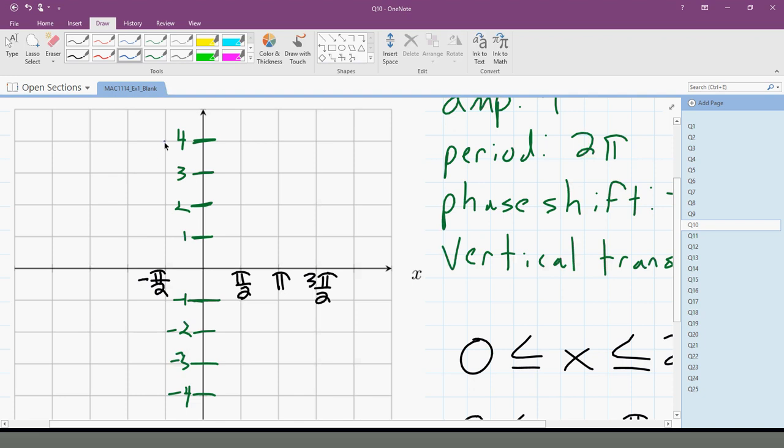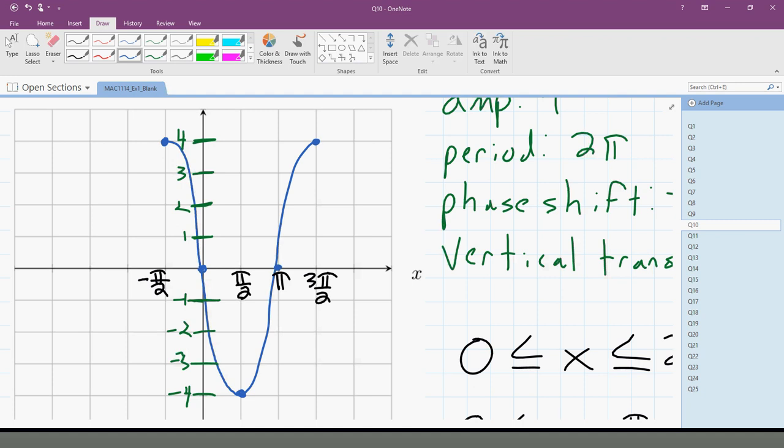So our graph starts up here at 4. Then where does it go? Then it goes to 0. Then where does it go? Down to the negative 4. Then where? Back at the x-axis. Perfect. And so here's our graph. And back up. And there.